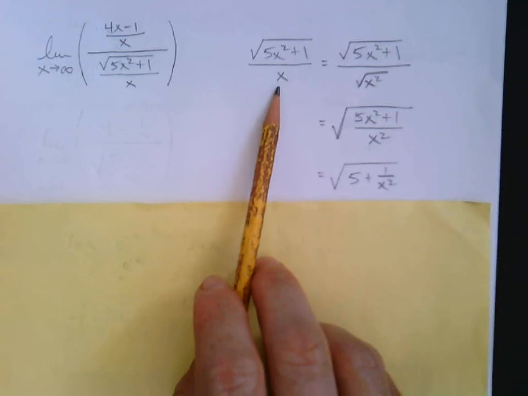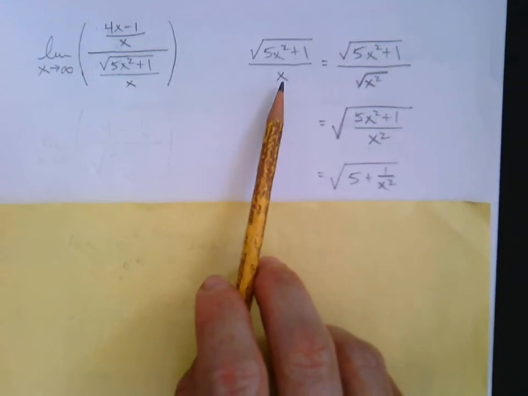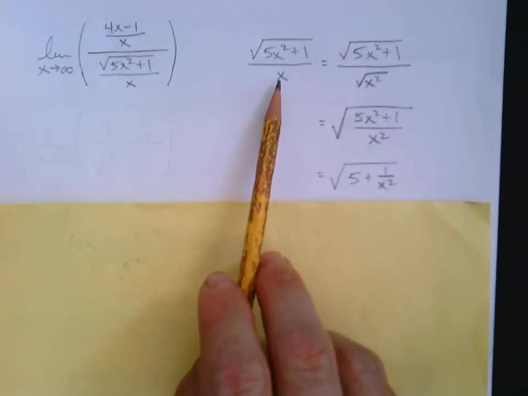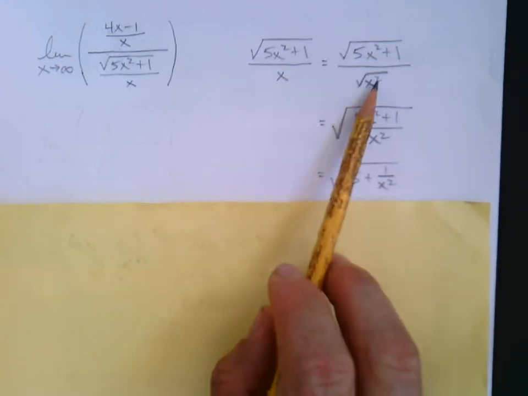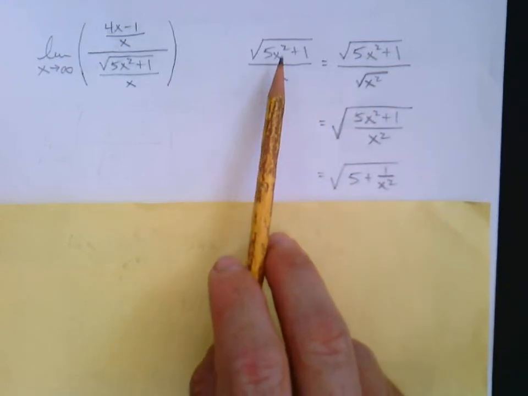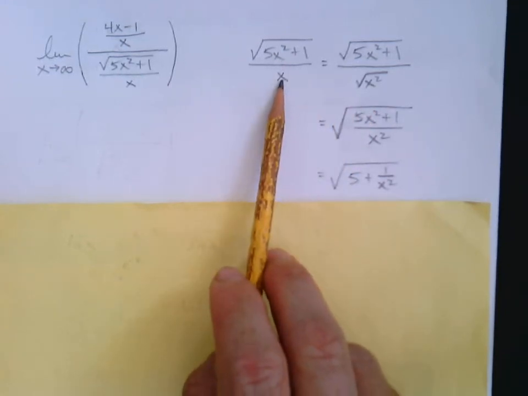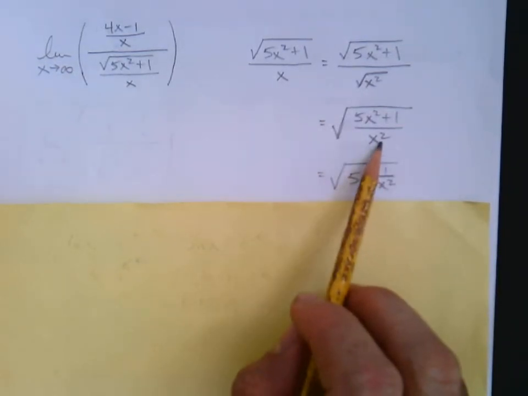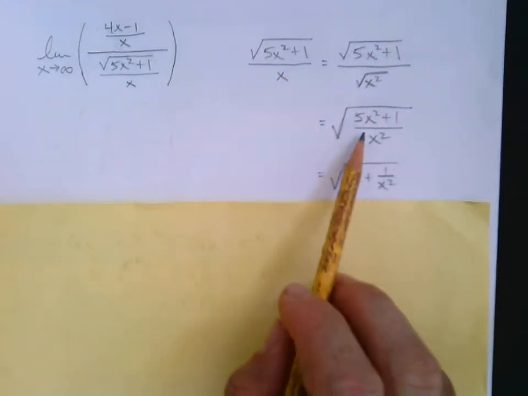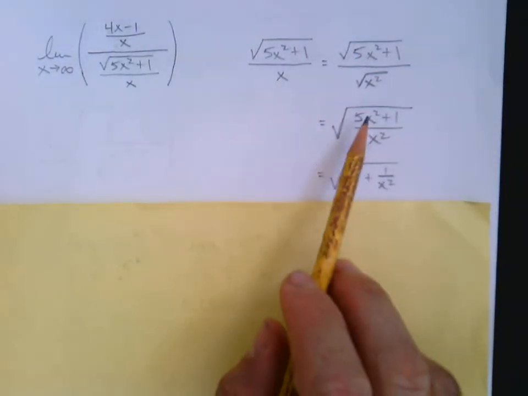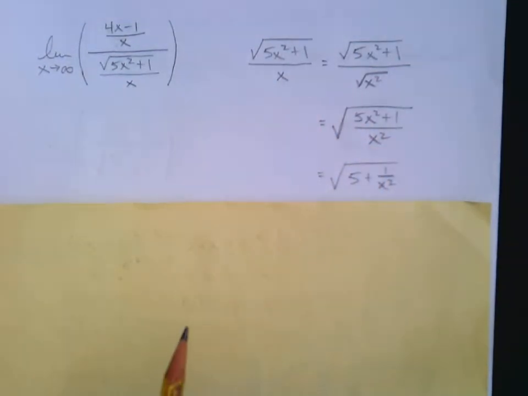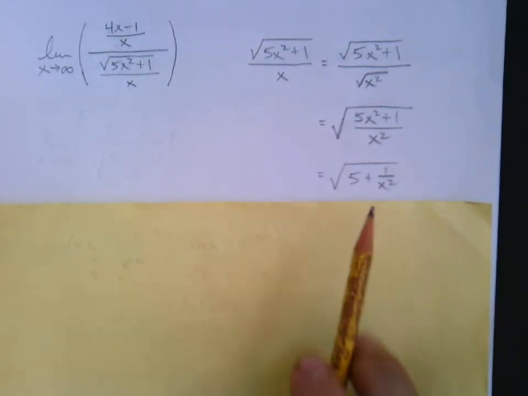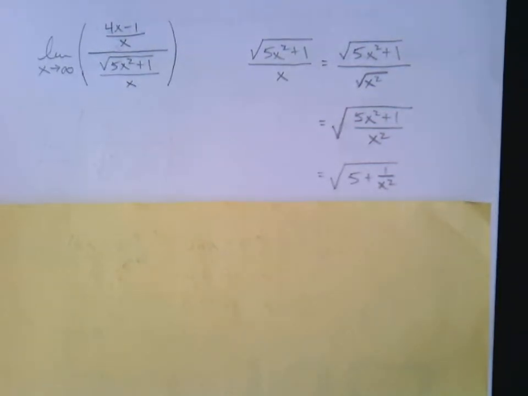So when we're dividing by x, it's like I'm trying to push that x up inside the square root. Well, in order to push the x up inside the square root, I have to counterbalance the square root. So I have to think of it as x squared when I push it inside. Then I can divide them each separately, like so. And I end up with this guy here.